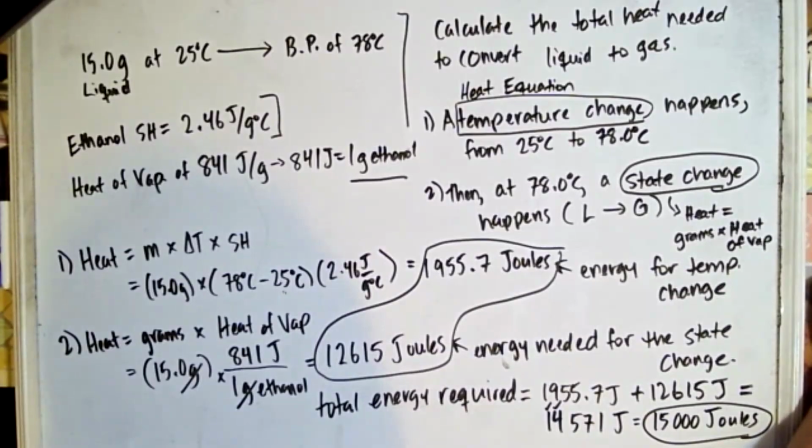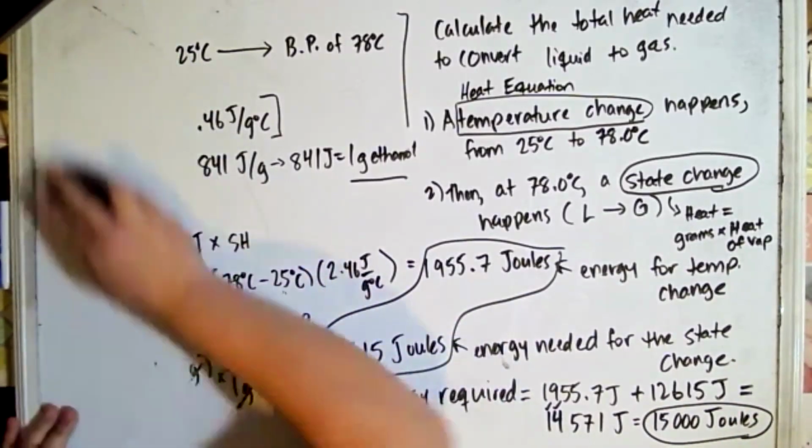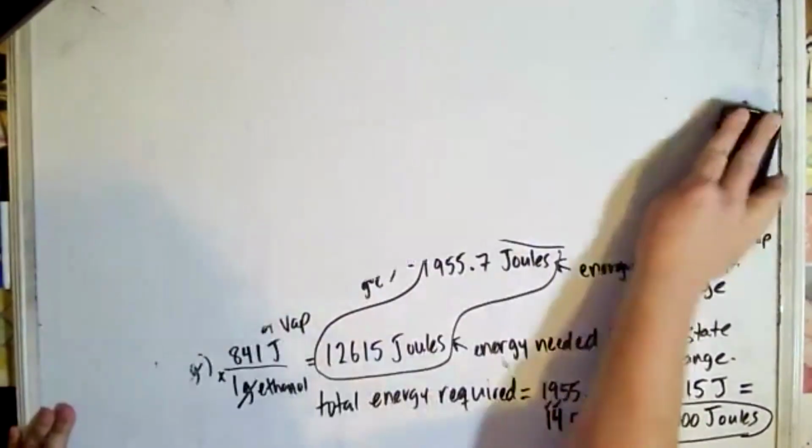All right, next question. Back to volcanoes. When a volcano erupts, 175 grams of steam at 100 degrees Celsius is released.